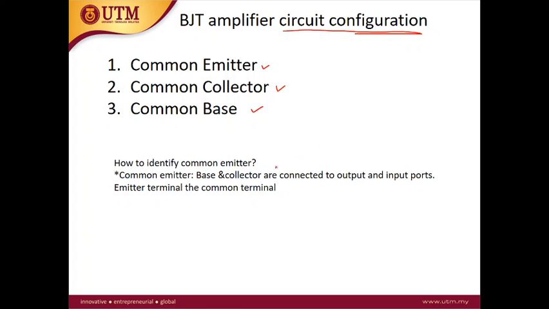If the base and collector are connected to the input and output of the amplifier, then one terminal is unused, which is the emitter. The emitter is used neither as the output nor the input, so it is the common terminal. We call this common emitter.